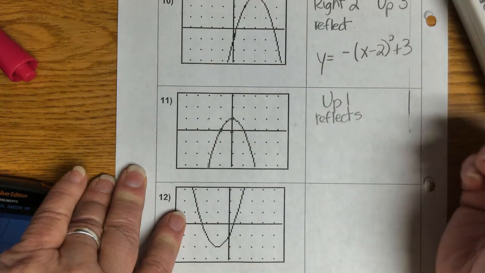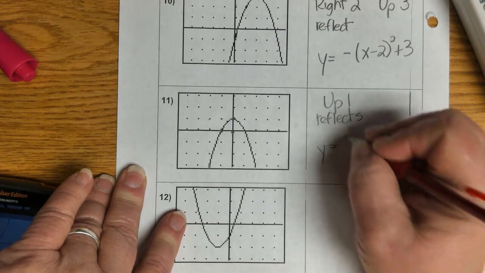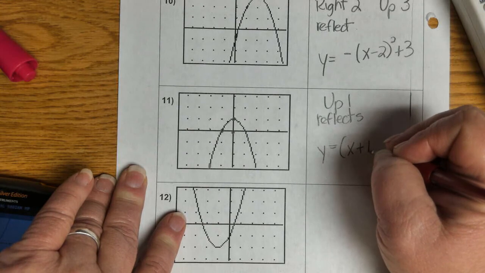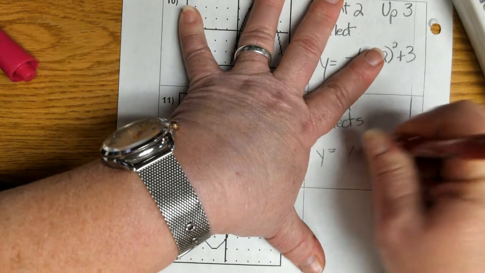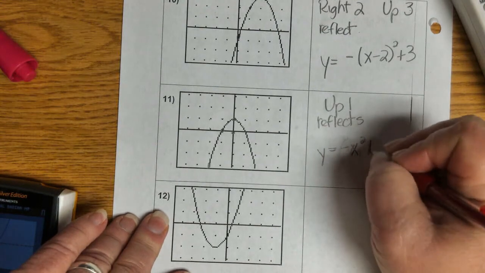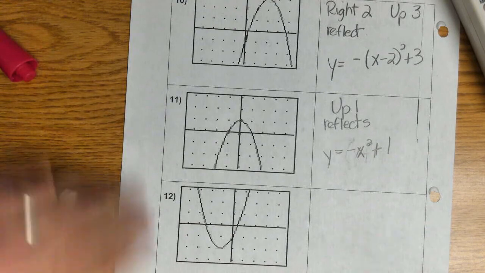So it hasn't widened or compressed. So that means all I have is y equals x plus 1. I'm sorry. I'm writing this wrong. That's bad. Okay, I've got negative x squared plus 1. Sorry about that. Okay, 2 more to go.